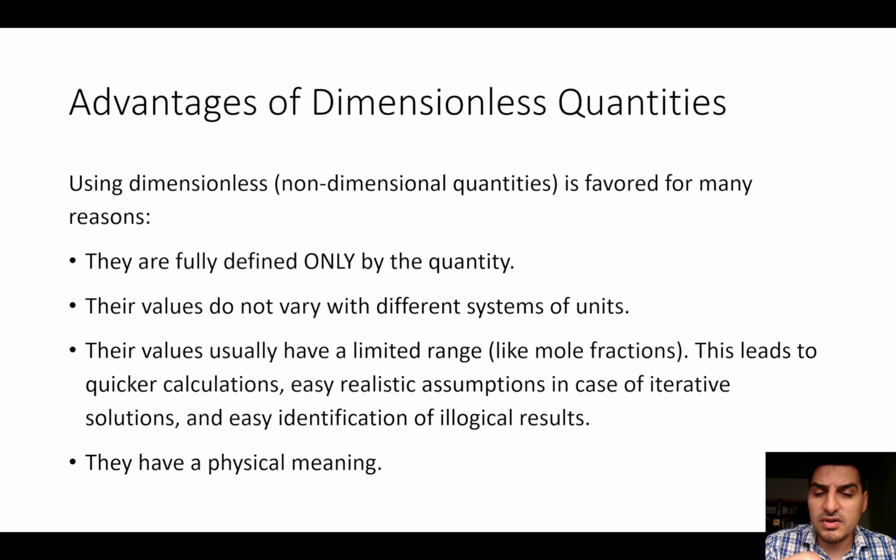You can imagine that you can calculate a dimensionless quantity, and by just knowing the number, you can know very important information about the system. By just calculating one number, you can know very important and critical information about the system, which is something that you cannot get by using the regular dimensional quantities. So this is what we need to discuss here.